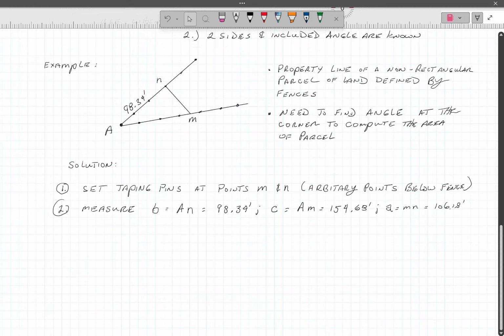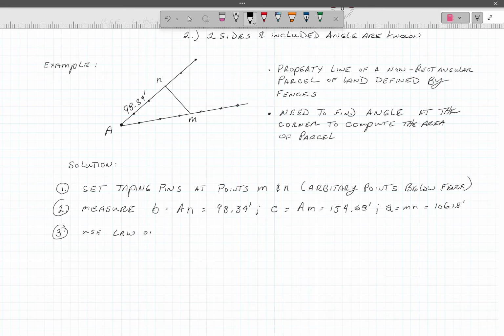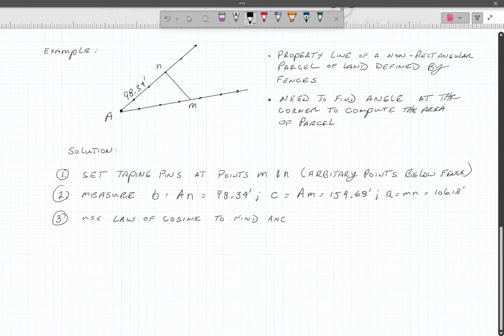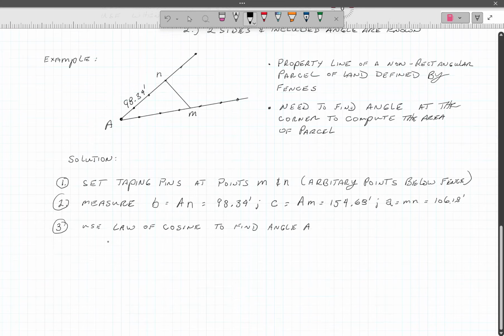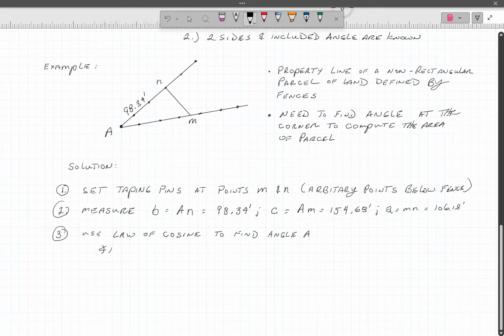All right, step 3. Use law of cosines to find angle A. Now, I'm going to do this with a bunch of abbreviations first, and hopefully it won't get too confusing.